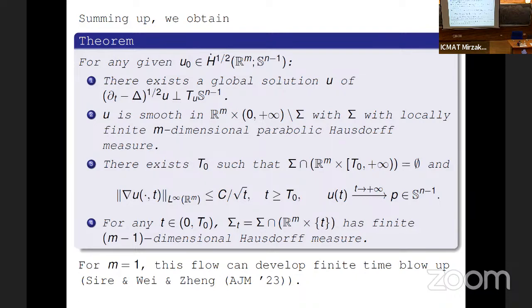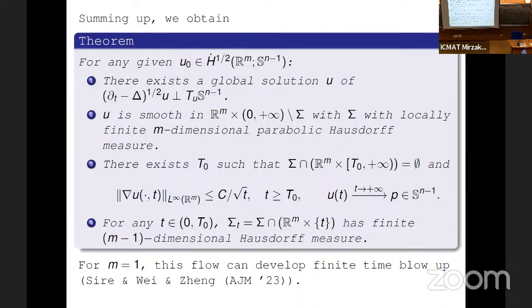Let me conclude with another possible flow. If you think back to the harmonic map equation and then to the heat flow of harmonic maps, the harmonic map equation into the sphere was this one: minus Laplacian of u orthogonal to the tangent at u of the sphere.